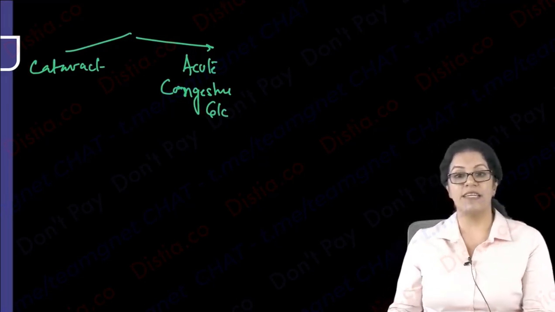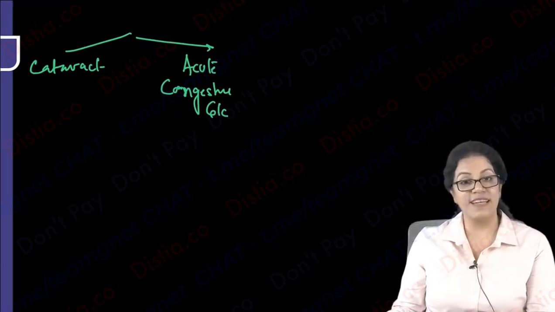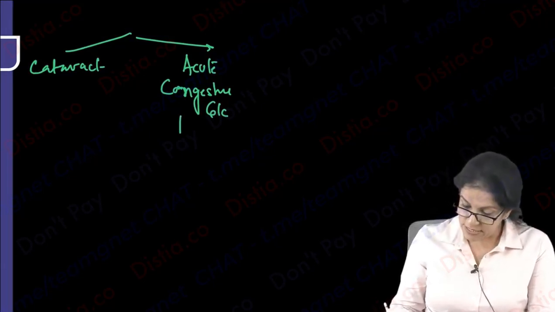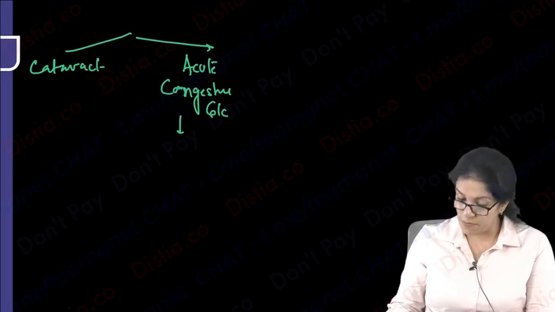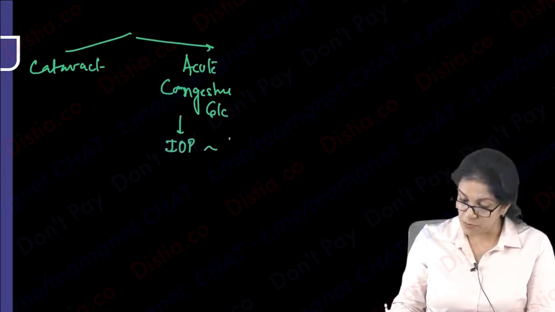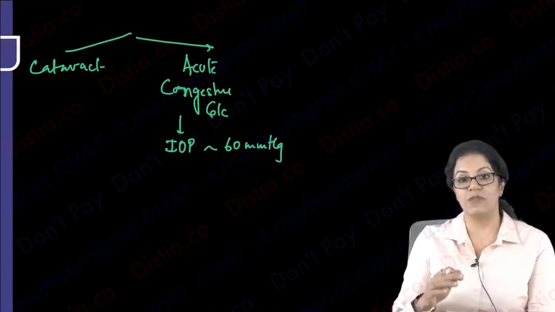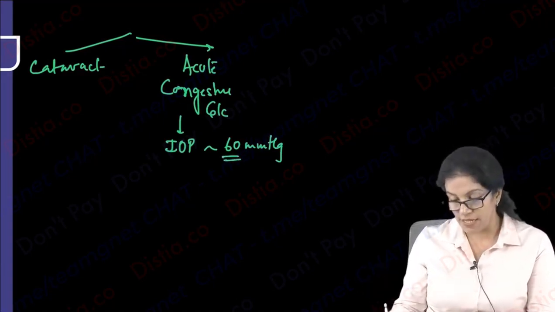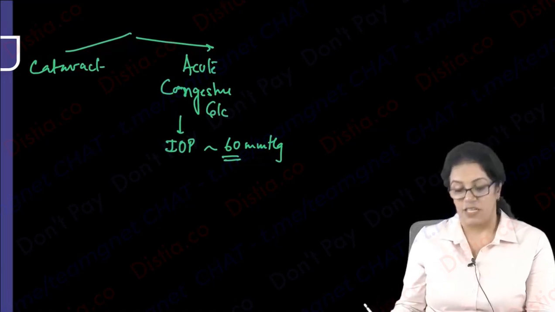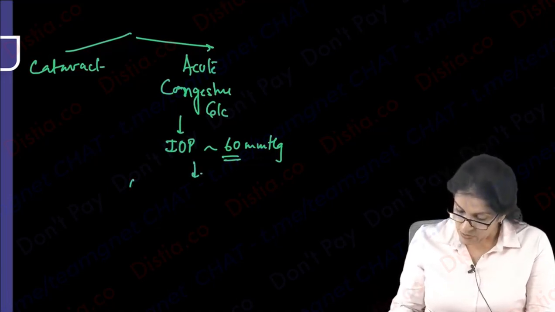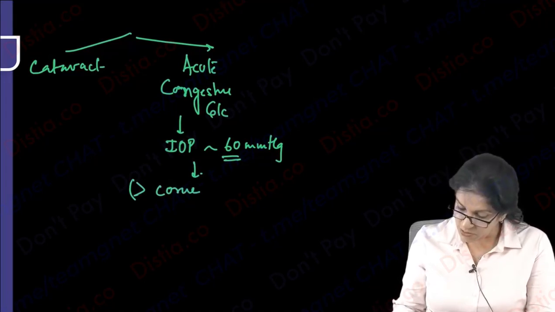There is a reason why it is happening in acute congestive. In the acute congestive stage of glaucoma, intraocular pressure may rise up to 60 millimeter of mercury. Now what is the normal intraocular pressure? 10 to 21. This is too high. So what is happening is it is now more than the corneal stromal pressure.